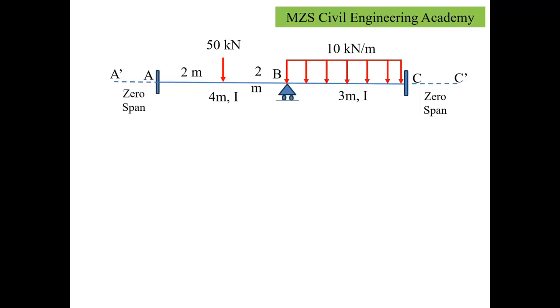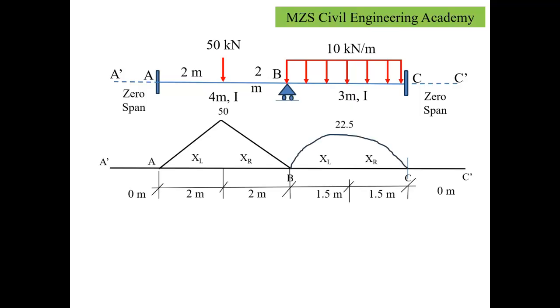Now let us begin with the analysis. In that case, we have to find the free bending moment diagram for the given load case along the respective spans. Here, for span A to A dash, the zero span, there is no loading. For span A to B, we have a point load acting at mid-span.